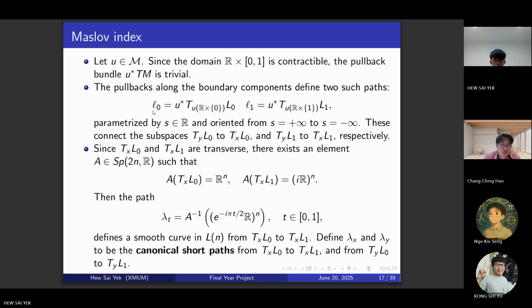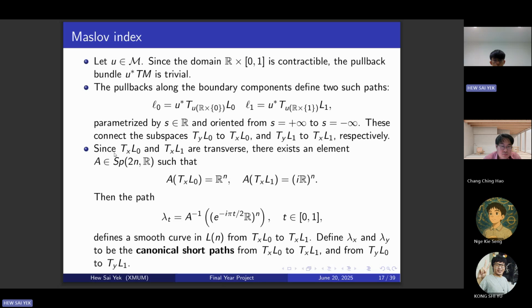So we can consider a path on the boundary component from negative infinity to positive infinity. This connects the subspace T_y L0 to T_x L0.